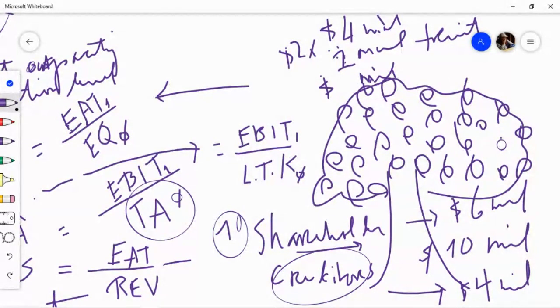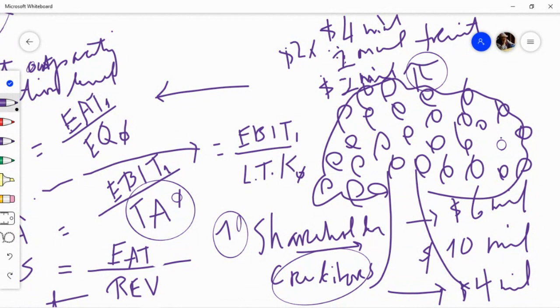But after paying for expenses, you had fertilizer, you had a tractor, expenses that went into tending this fruit. After paying that, you have $2 million in profit, which is net profit, EAT in other words.